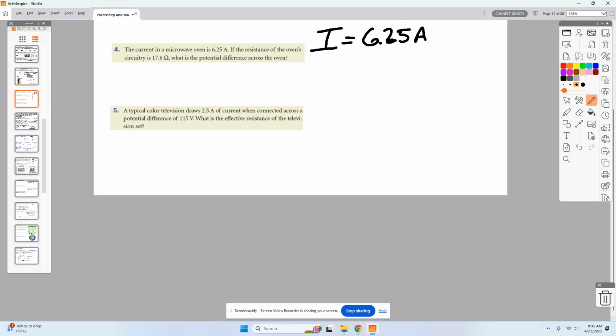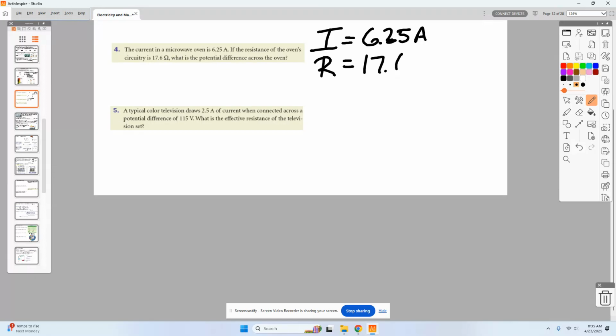Another way of saying that is 6.25 times 10 to the 18th electrons every second. Again, an ampere is a coulomb per second. The resistance, yesterday we measured the resistance of that little graphite pencil to be about 7 ohms, and we measured Jack's resistance to be in the neighborhood of 30 or 40 mega ohms. So the resistance here is 17.6 ohms.